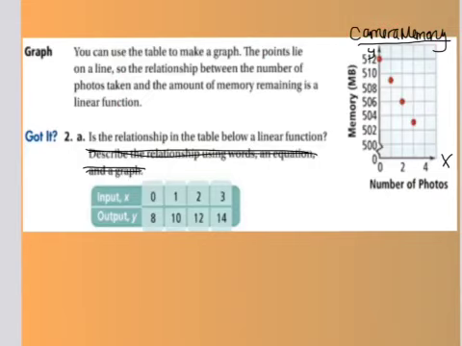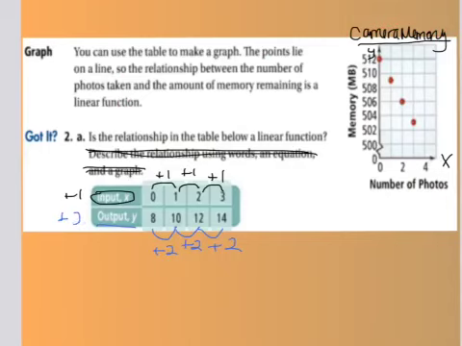Well, when we look at the x values, we see that they're increasing by 1 each time. So the input, the x values, are increasing by 1 each time. The output are increasing by 2 each time. This is called a constant rate of change.